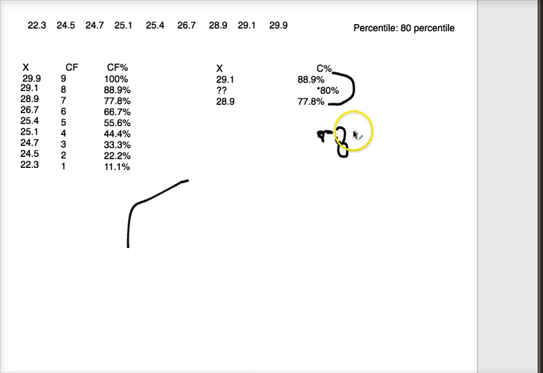So it's 88.9 minus 77.8. Hopefully you're doing this on your calculator, or by hand, and getting this number faster than I can write it for you. The distance between these two values, you should find, is 11.1.